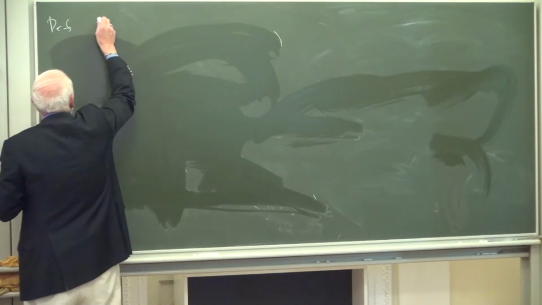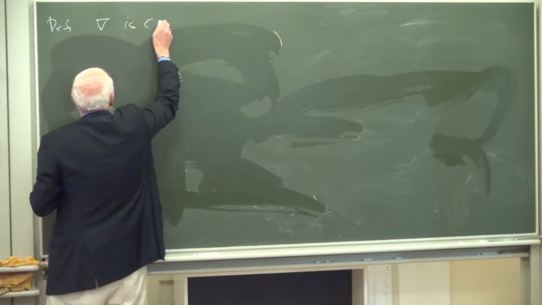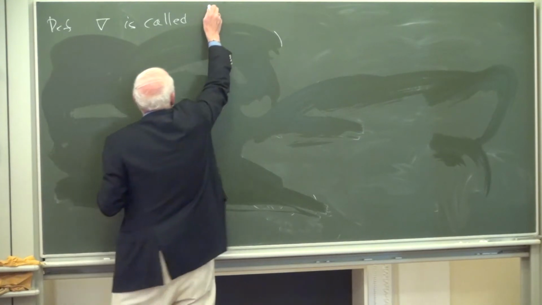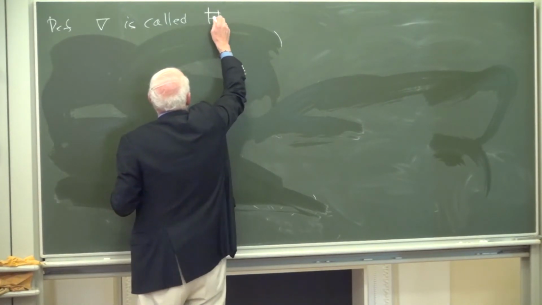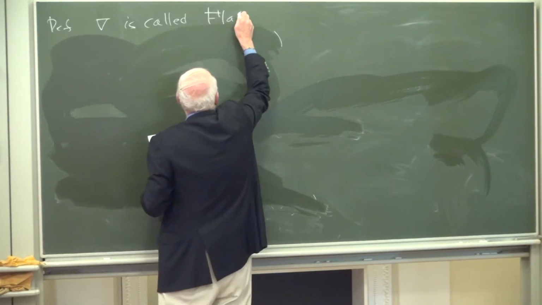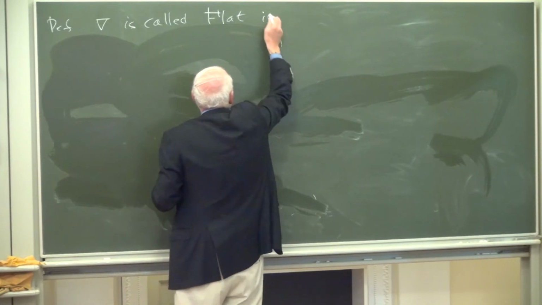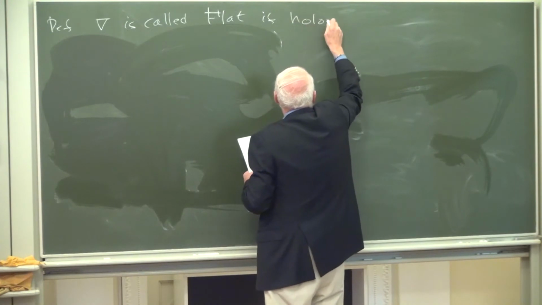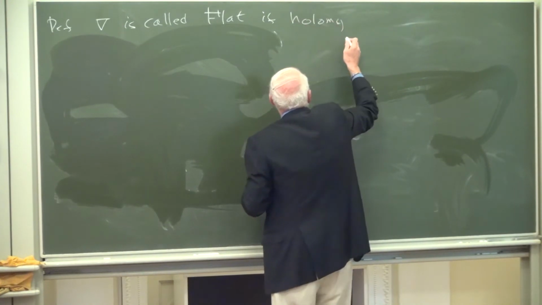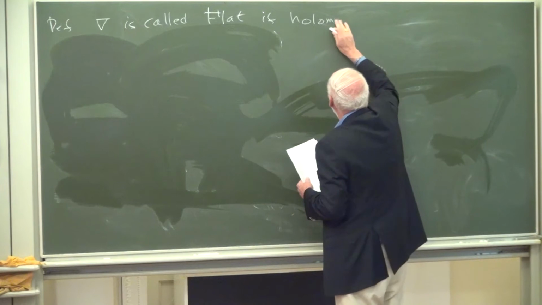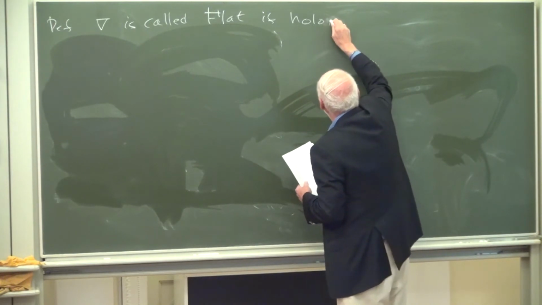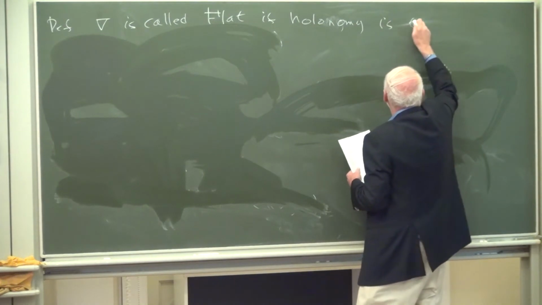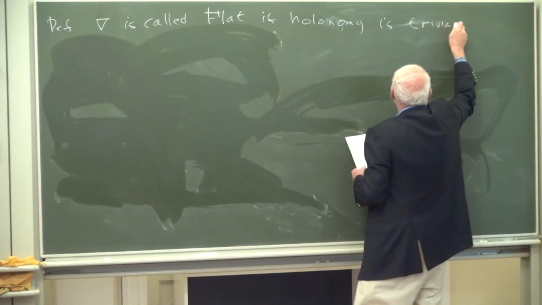A connection is called flat if holonomy is trivial.